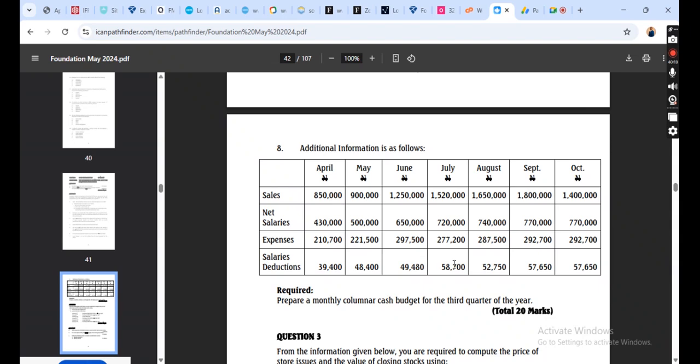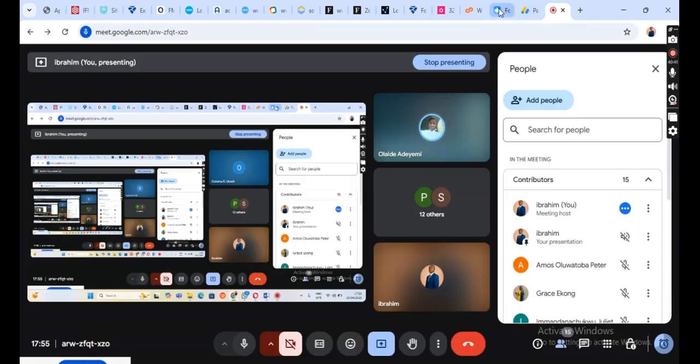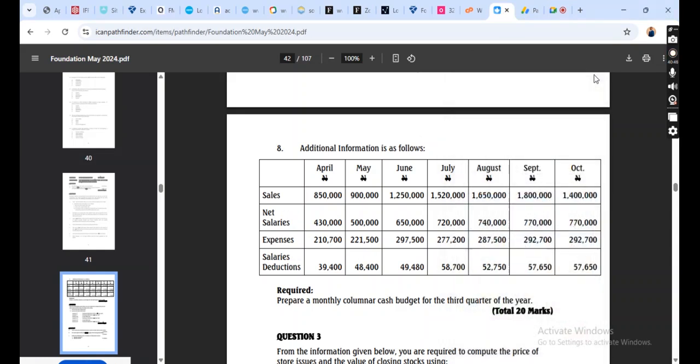June will be paid in May. Preceding is the month before, not the succeeding month. Preceding is the one before.